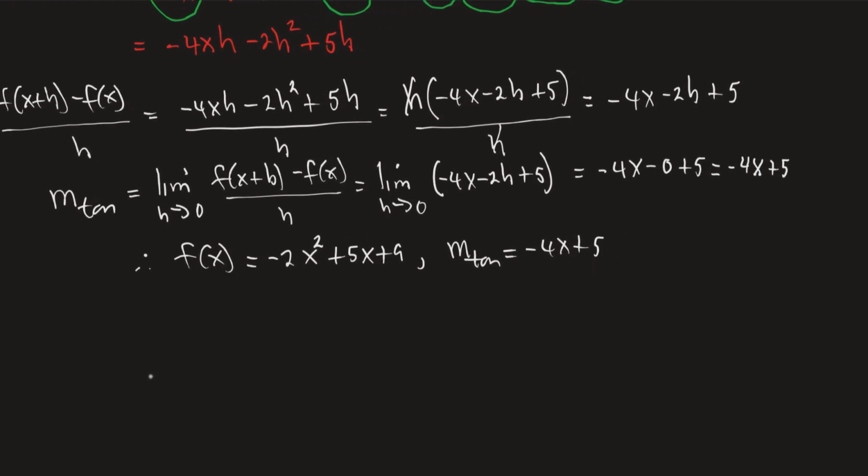I'm just going to sketch this parabola. And now I know that this parabola opens down because the leading coefficient is negative. Now I don't know if it has roots. We could check to see if it has. Actually, yeah, it has 2 real roots.